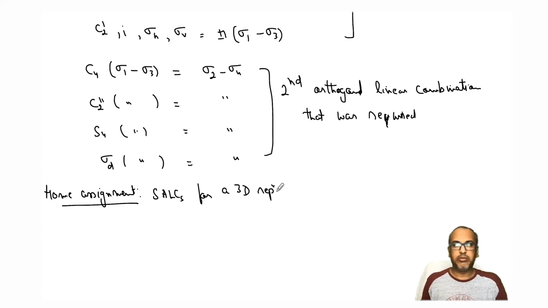Try to pick up some molecule which has tetrahedral or octahedral symmetry and see if you find a 3D representation, where you get three linear combinations which will jointly form a basis for a 3D representation. That is left as an exercise.